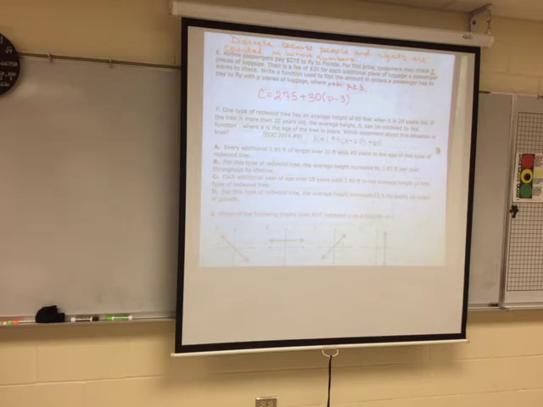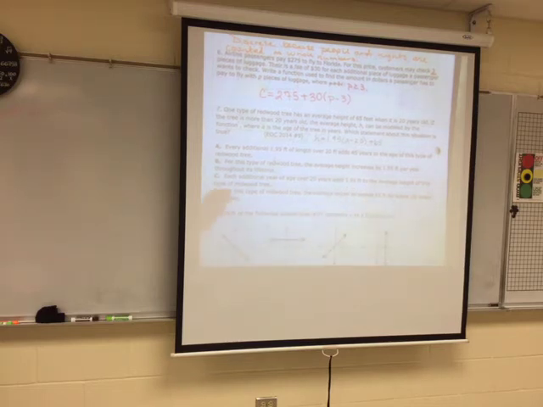C says each additional year of age over 20 years adds 1.95 feet to the average height of this type of redwood tree. Or D, for this type of redwood tree, the average height increases 65 feet for every 20 years of growth.